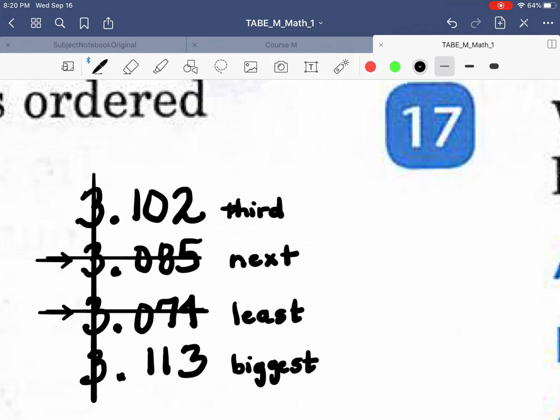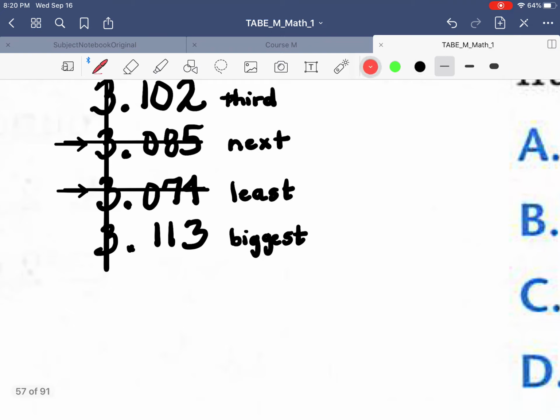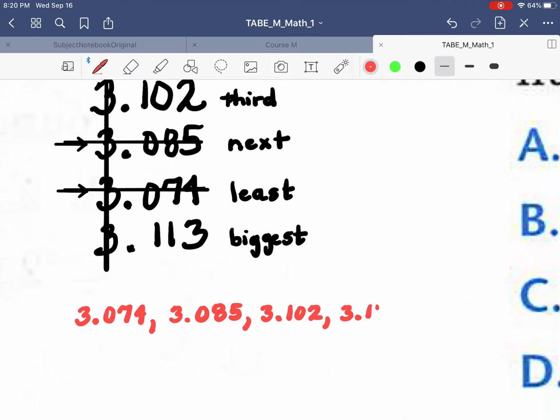Okay. So the order that I would put those in, let me go ahead and actually write it. I have 3.074, 3.085, 3.102, and 3.113.